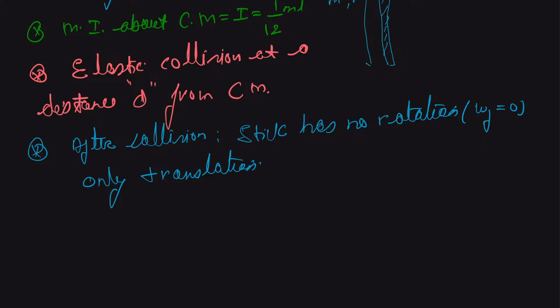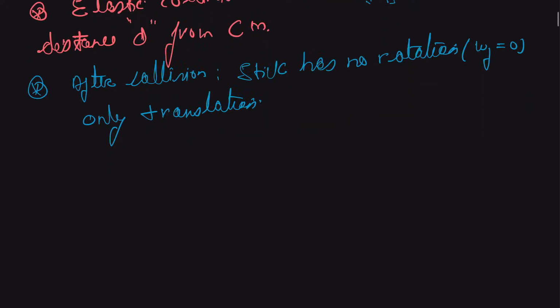So this is the basic premise of our question. And so we can divide this entire discussion into two parts. First we can discuss with respect to pre-collision, and then we come to our post-collision.